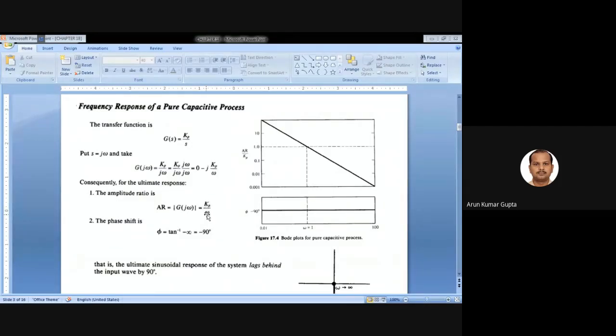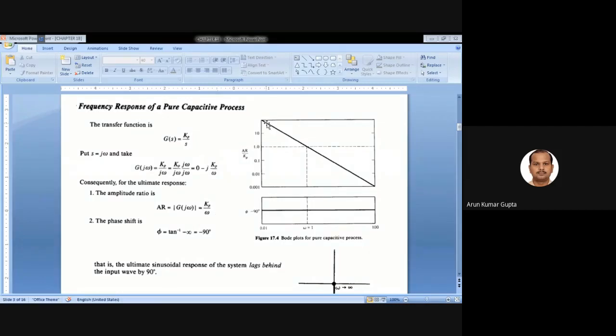When you plot AR upon Kp versus omega, this is an inverse relation, decreasing with omega. Otherwise it has the property y equal to 1 upon x, so it decreases in a curvilinear form. But this is a log plot, so log of AR versus log of omega will be minus log omega.